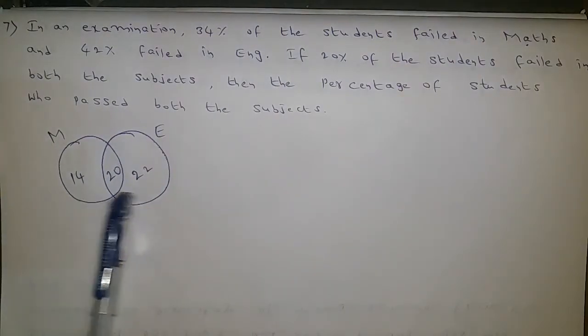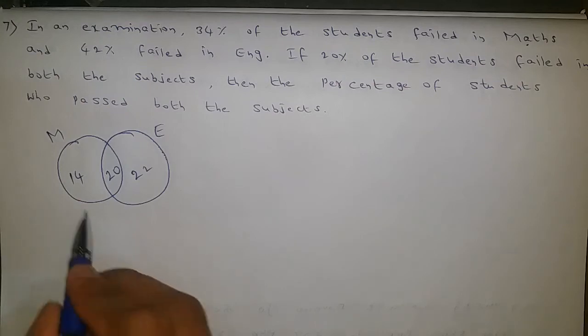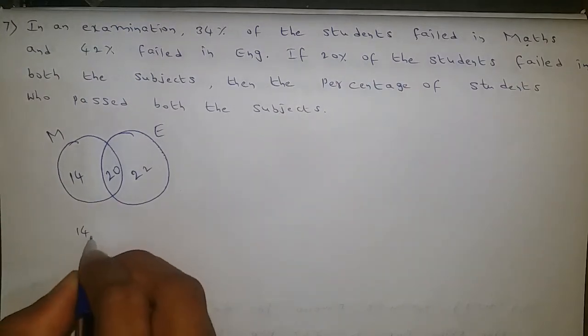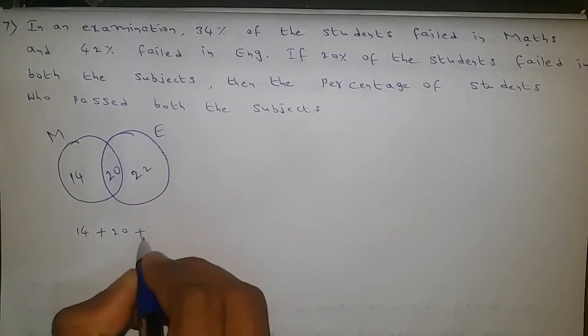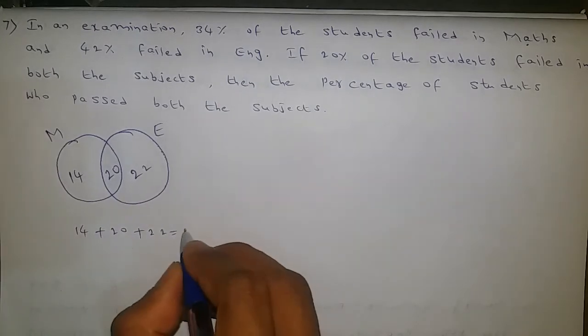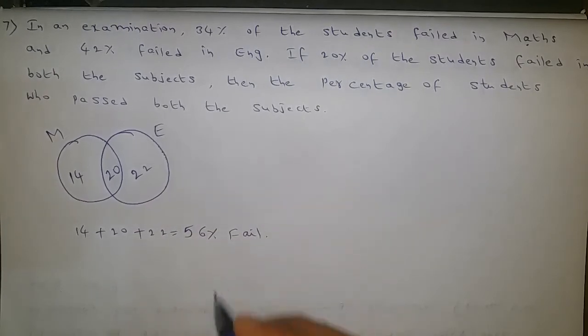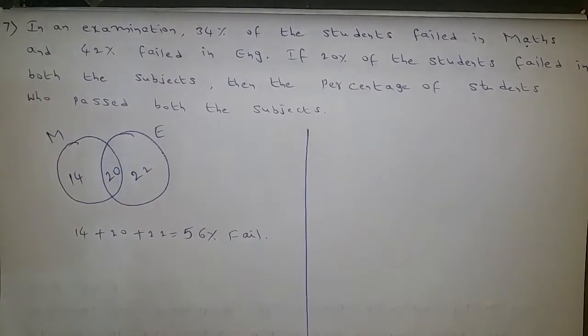Now in this Venn diagram, we are representing completely the percentage of students who failed. So let us check the total percentage, how much failed. 14% plus 20% plus 22%, which is nothing but 56%. 56% of students failed in the exam.